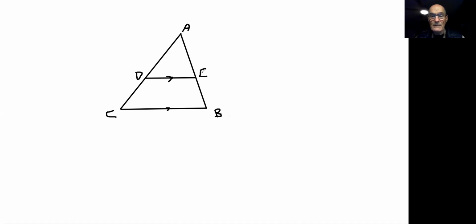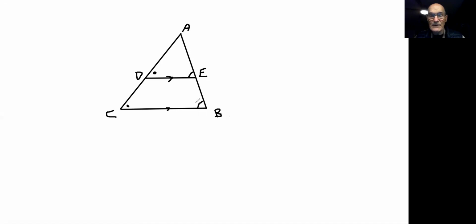Now, if you remember from parallel lines, this angle here at C, this angle down here, which would be angle ADE, are congruent because they are corresponding angles. And then the same thing would happen over here with this angle.